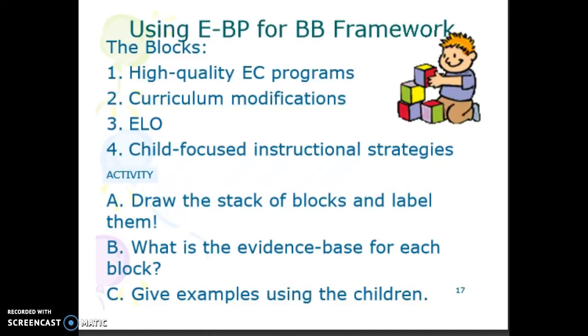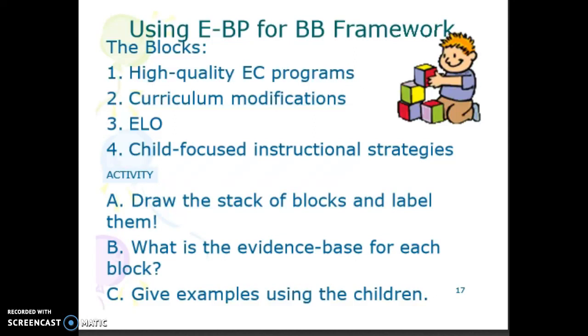And then the fourth block, which is at the top of our stack and is the smallest. Remember, as we move up in this stack, the blocks are getting shorter. That level is child-focused instructional strategies. And what we're talking about here is specific strategies for individual children. That's why it says child-focused, very individual focused here.